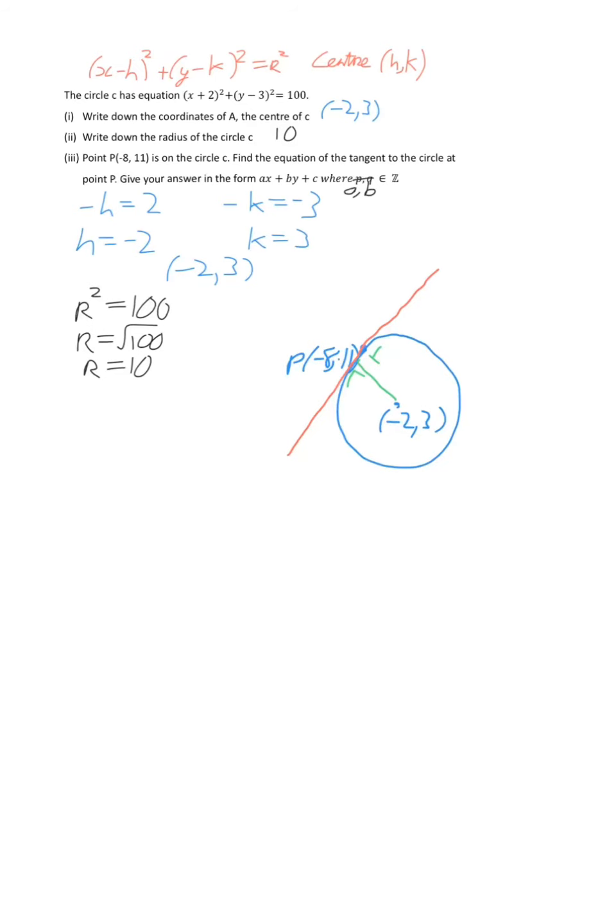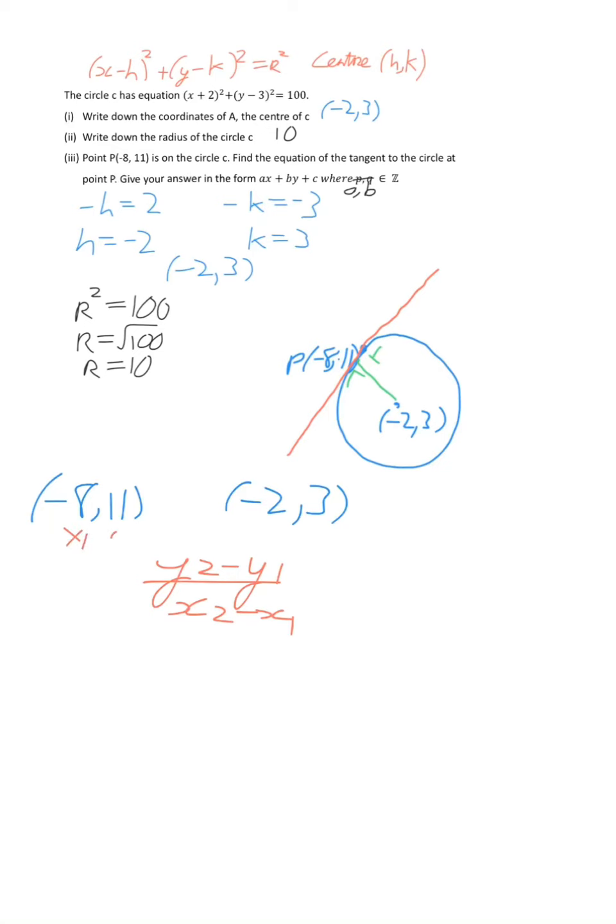Okay, so let's find the slope first between P and the center. Okay, so I have minus 8, 11 and minus 2, 3. Let's write down the slope formula now: y2 minus y1 over x2 minus x1, and label then x1, y1, x2, y2. Okay, let's sub in now.